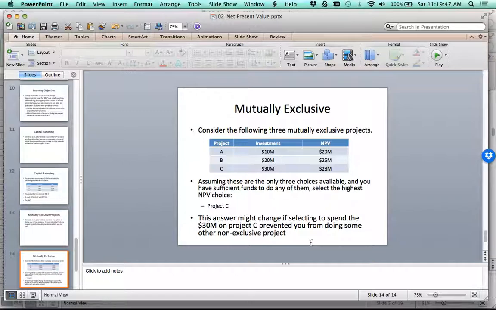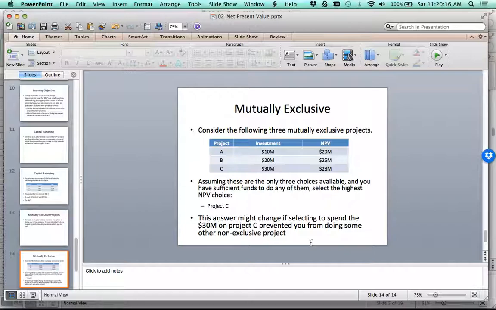All right? And so you sort of have to go back to what are all the positive NPV projects, what are all the possible viable combinations of those that on the one hand don't put together a combination that has two projects that are mutually exclusive in it, and on the other hand don't have a total investment amount that's more than we can fund.